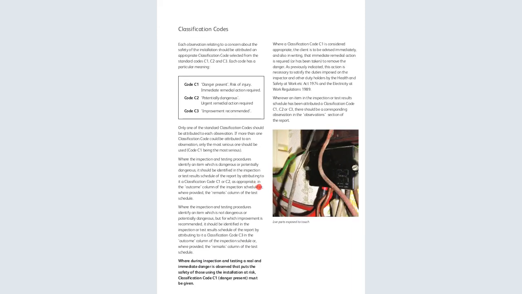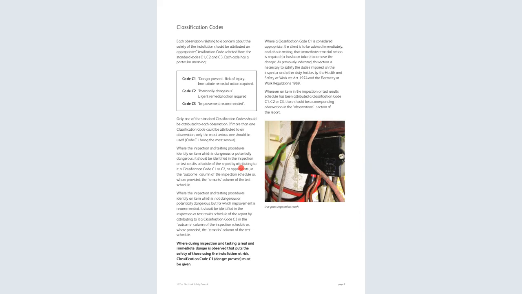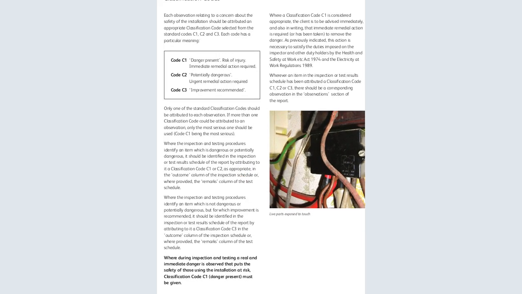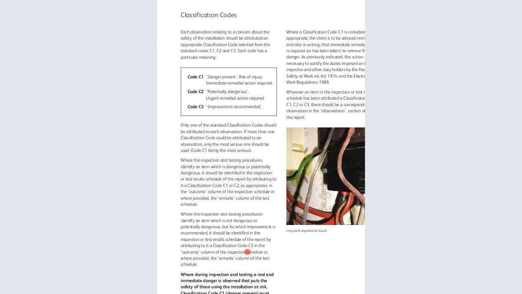So the classification codes, as we had talked about them, and now how we can do periodic inspection about them. Each observation that relates to a concern about the safety of the installation should be attributed to the appropriate classification code selected from the standard codes, that is code 1, code 2, and code 3.